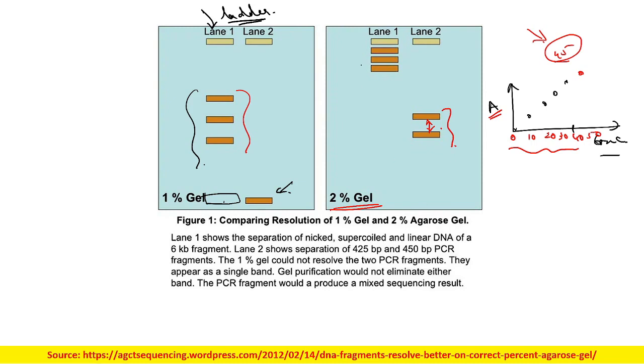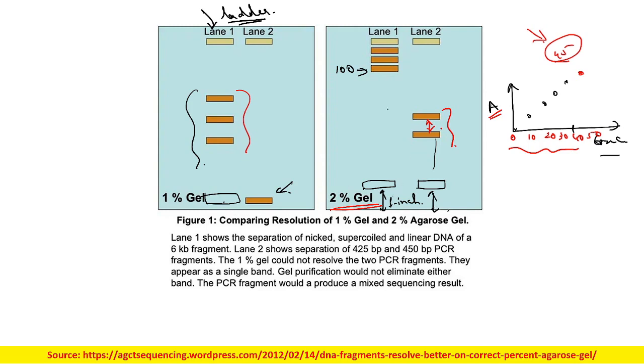When to stop? Suppose in the ladder, this is the lowest base pair. Okay, either when it reaches approximately 1 inch from the bottom, or your analyte reaches towards the bottom, that is a 1 inch gap from the end of your gel.